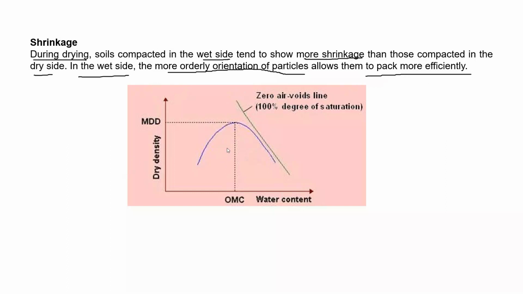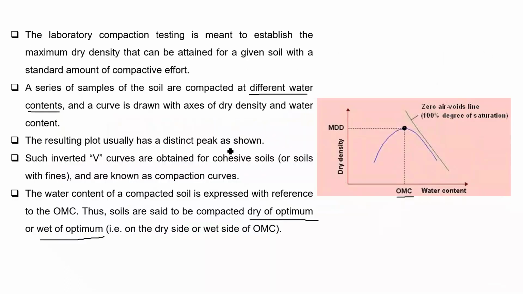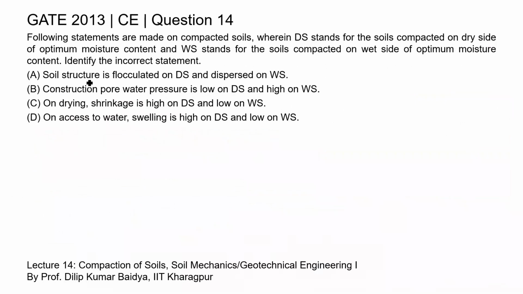Now coming to the statements given in the options, option A is soil structure is flocculated on dry side and dispersed on wet side. Yes, just as we have discussed, statement A is correct. Option B, construction pore water pressure is low on dry side.